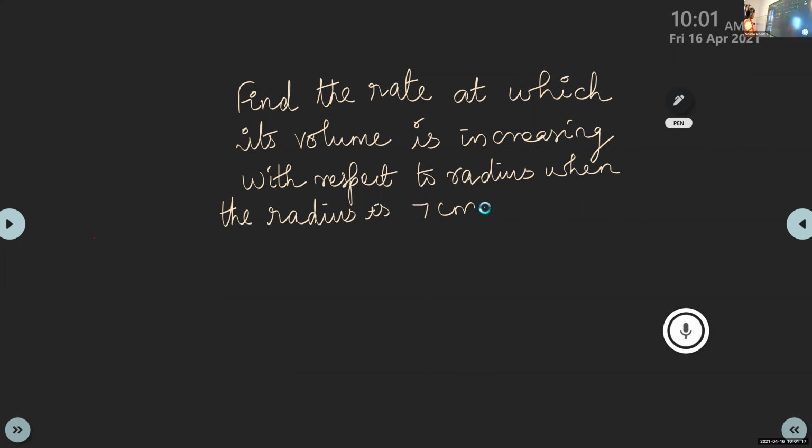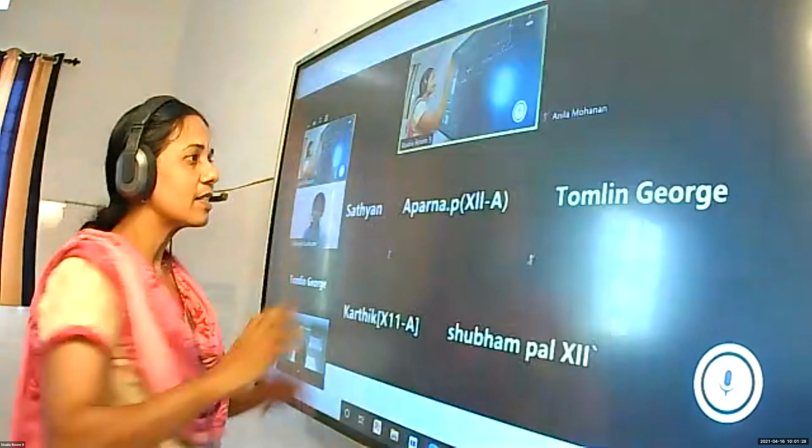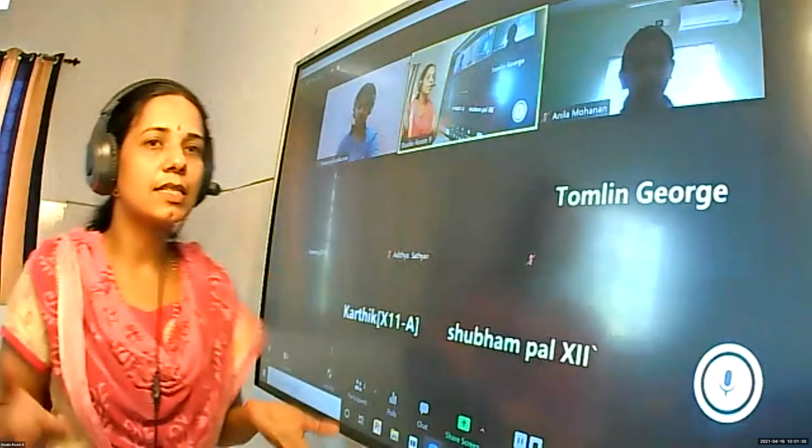Now listen, children. You have to learn the notations and what is changing. Whenever the radius is increasing or the area is increasing, we take the quantity to be positive. If it is decreasing, suppose the area is decreasing, we take the quantity with a negative sign.